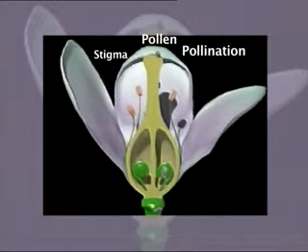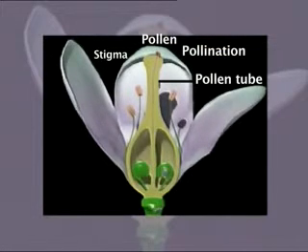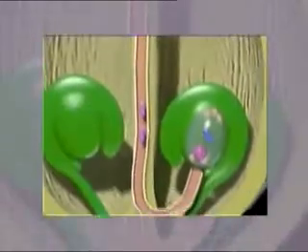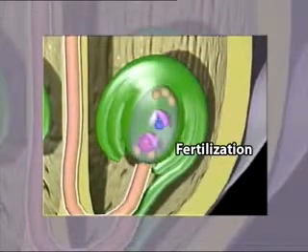Fruit growth is provoked by this pollination, followed by pollen tube growth, and fertilization.